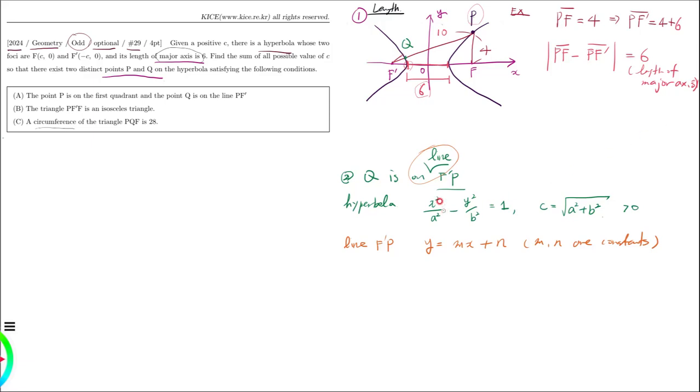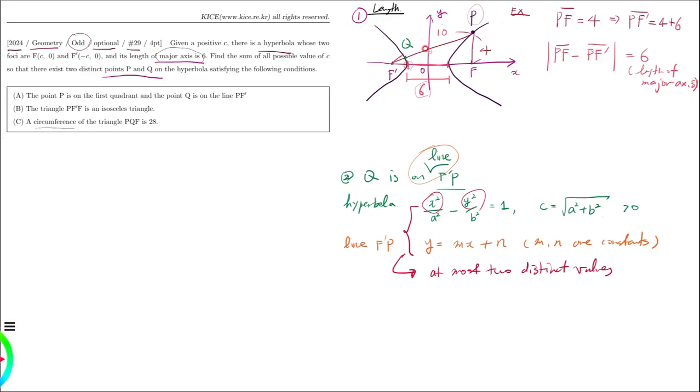So if you try to solve this system of equations, you'll get at most two distinct values, because it's quadratic with respect to x or with respect to y.